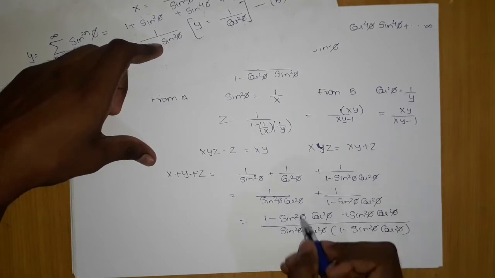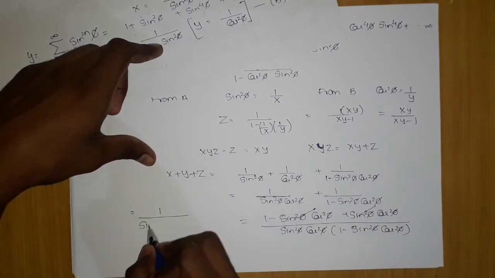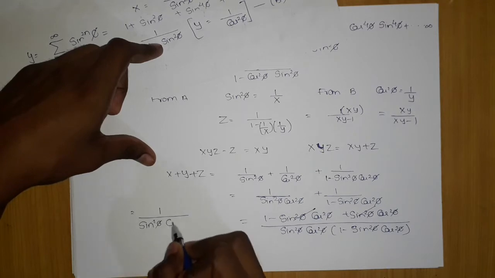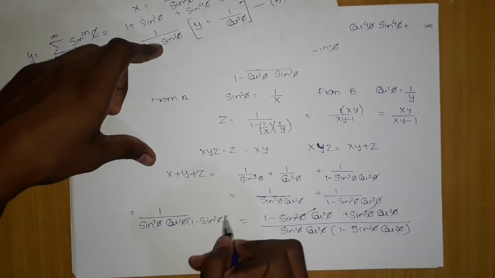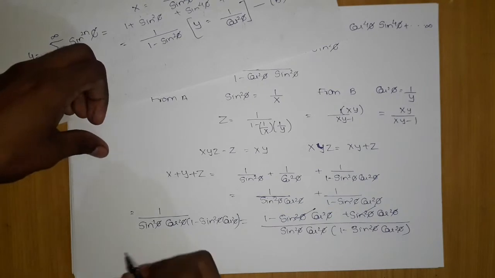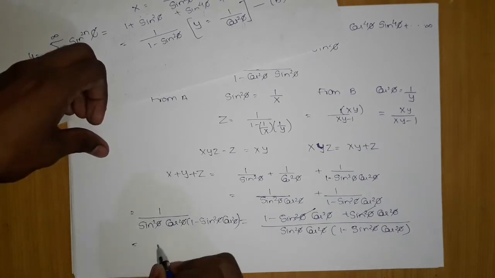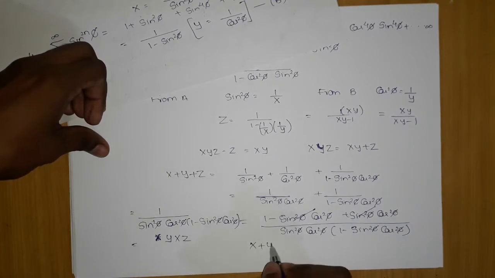This and this will cancel out, giving me finally 1 upon sine square 5 into cos square 5, 1 minus sine square 5 into cos square 5. But if you remember properly, 1 upon sine square 5 is nothing but, sorry, it is y, and this is x and this is z. So we have proved that x plus y plus z is nothing but xyz.